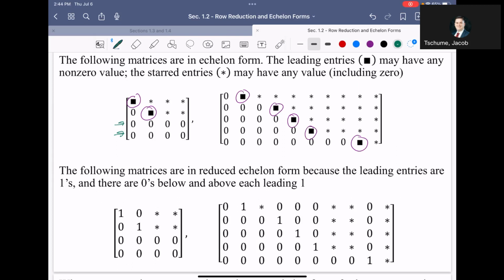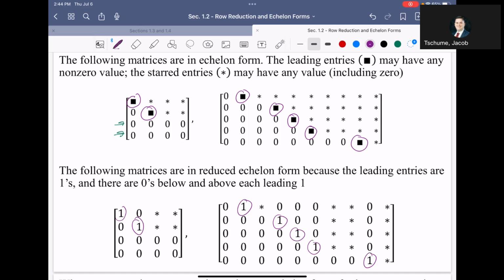Now, what you see at the very bottom here is that I took those exact same matrices and converted them into reduced echelon to show you the difference. The first thing you'll notice in all of these is that the black boxes that I was calling the leading entries, in reduced echelon form, now have to become the number 1s. That's required.